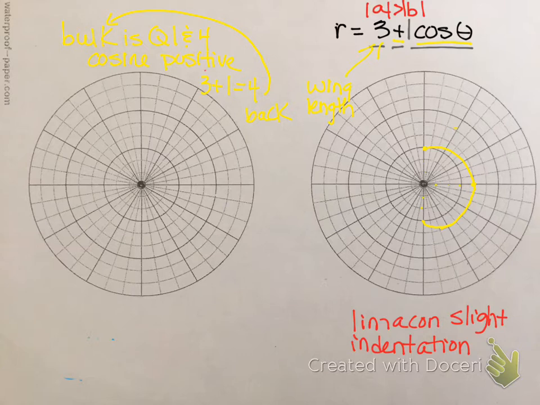So now the last thing that I need to do is to find my indentation or my dimple. Guys, instead of adding the absolute values like you do to find the back of the bulk, you subtract the absolute values to find the indentation.